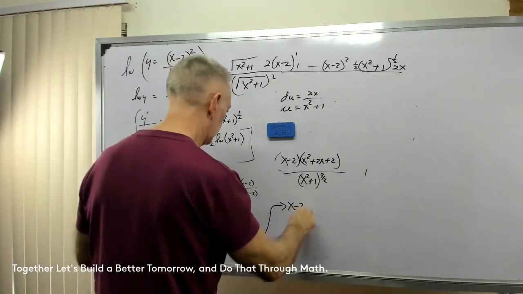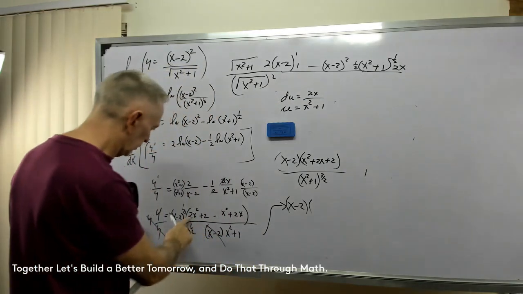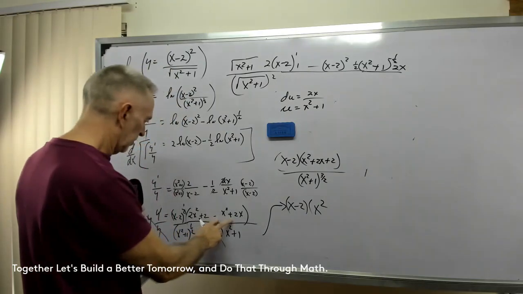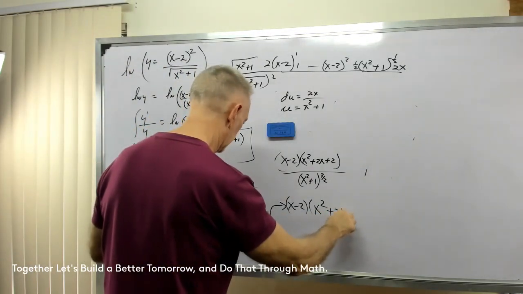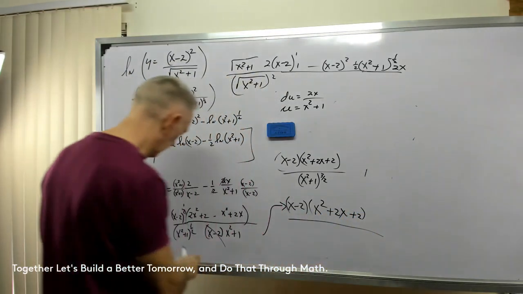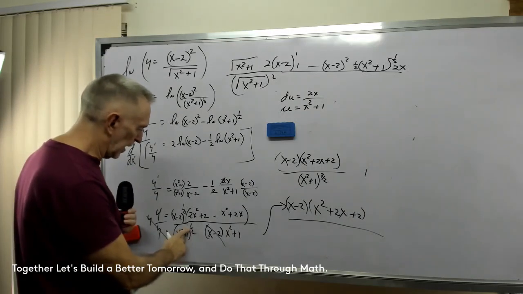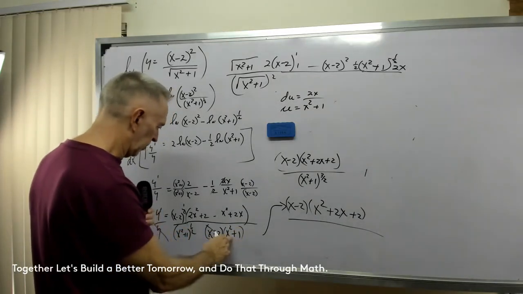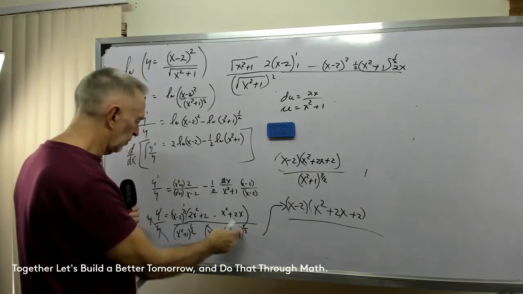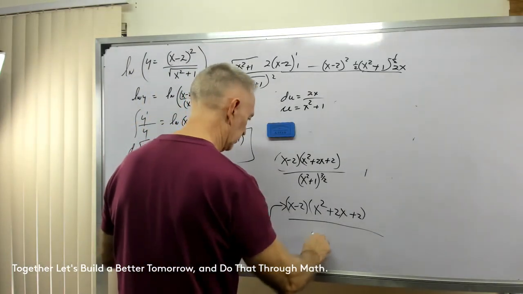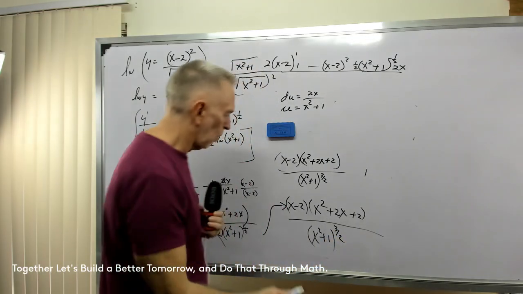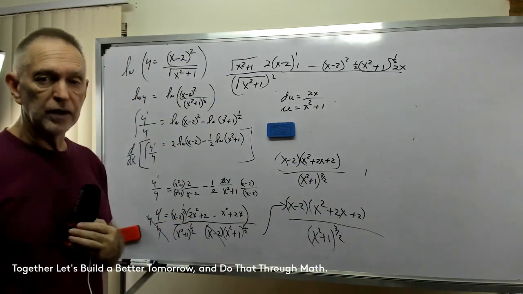So I have (x minus 2) times 2x squared minus x squared, which gives me x squared plus 2x plus 2, over (x squared plus 1) to the 1/2 times (x squared plus 1) to the 1, which is 1/2 plus 1, or 2 over 2 plus 1 over 2, which is 3 over 2. So I have (x squared plus 1) to the 3/2, which is what we wanted to end up with.